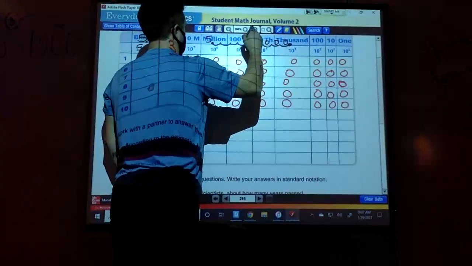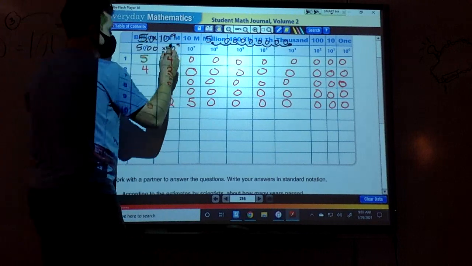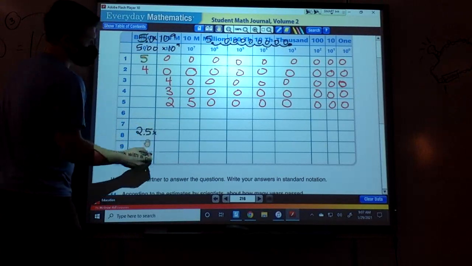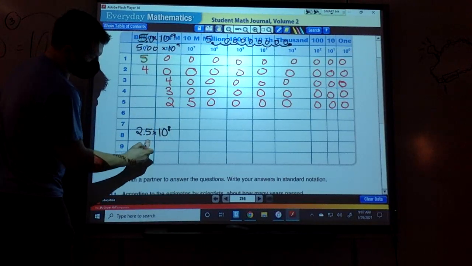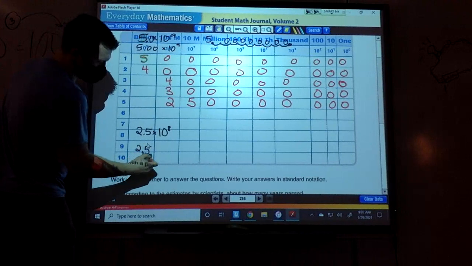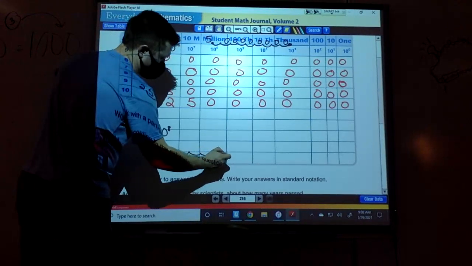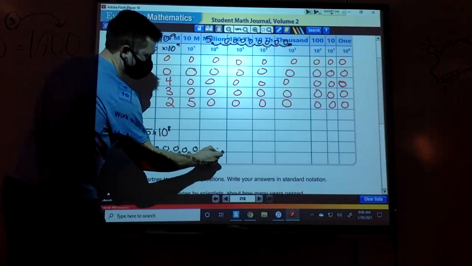And we have to fill those in with zeros. So when we have 2.5 times 10 to the 8th, what we're really doing with 2.5 is 1, 2, 3, 4, 5, 6, 7, 8. And we have to fill in the rest with decimals.